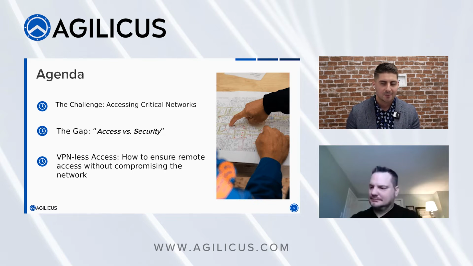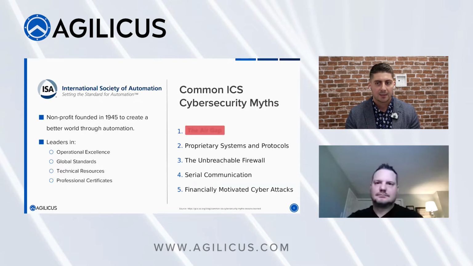We also hear the OT versus IT, but the gap itself is going to be this concept of access versus security, and that dynamic. Then towards the second half, we're going to go into a deep dive in terms of what this VPN-less access actually looks like, and how can you start to achieve some of these business objectives where you can ensure access without compromising the network itself.